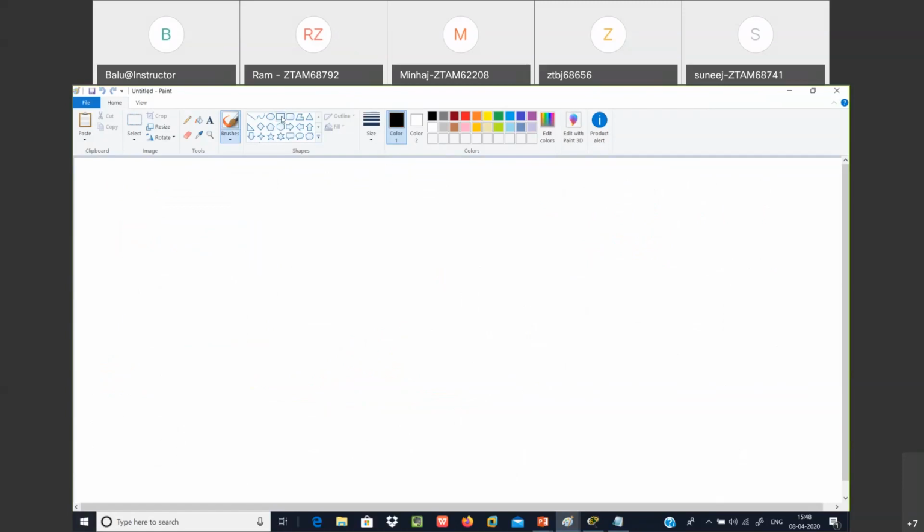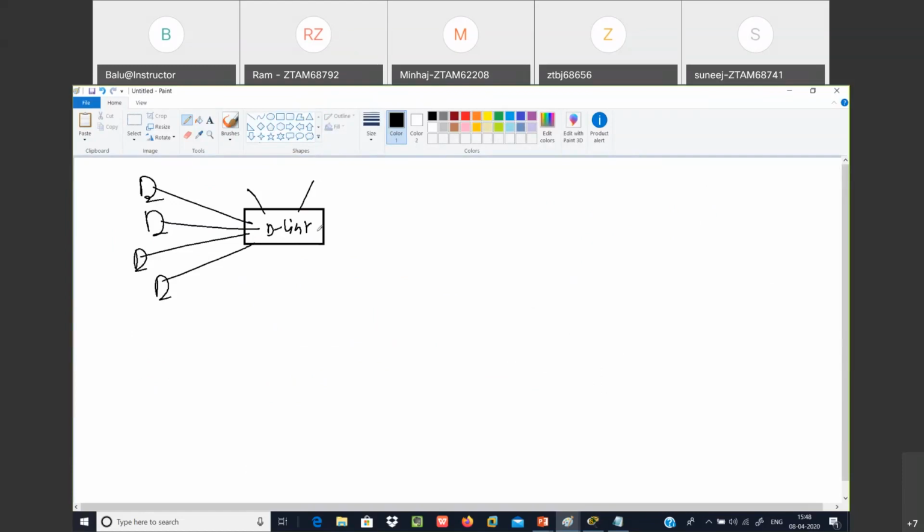Let me draw a network diagram. End user 1, end user 2, end user 3, end user 4. All end devices are connected to your router, a D-Link router, through LAN ports. From the ISP a cable will come to your WAN port.